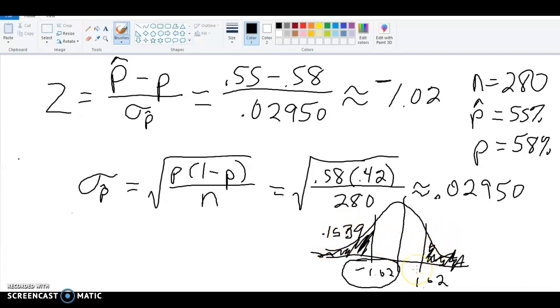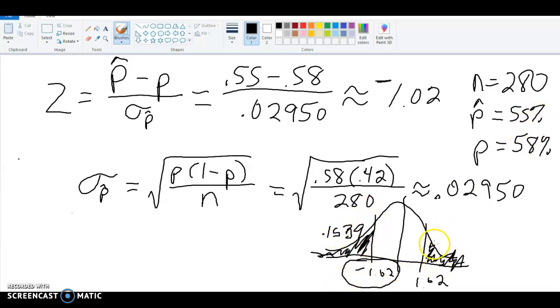The p-value tells us if the null hypothesis is true, if it really is true that the portion of people having this car is 58%, what's the chance we would get a sample of only 55% in a sample of size 280? Well, there's a 15.39% chance we could get that 55% or lower.